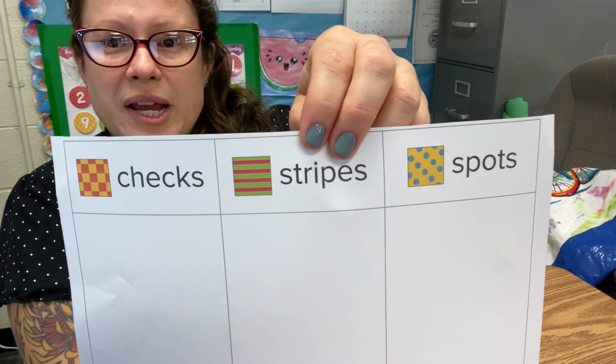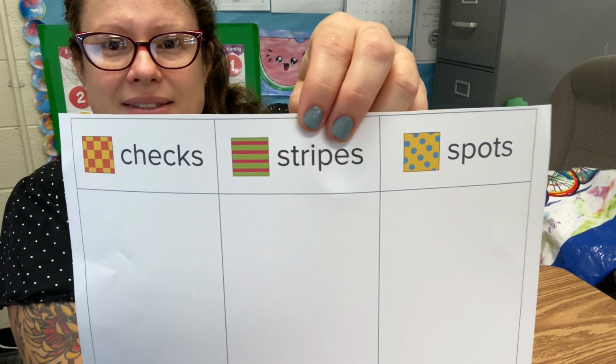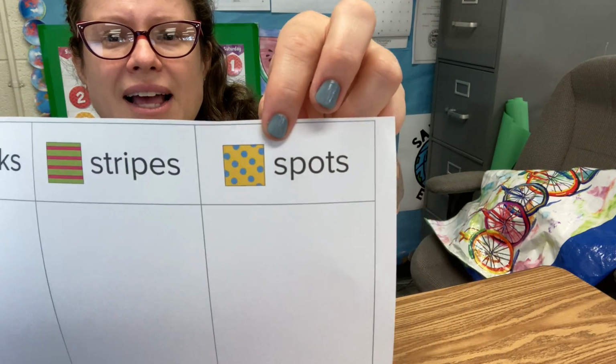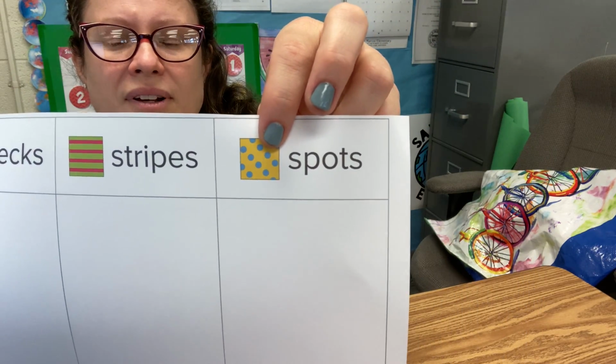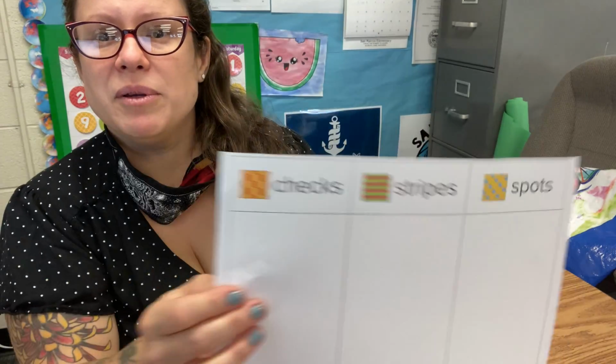Those are stripes. Okay, stripes are those lines. And then, what's our last one? Our last design is called spots. Maybe you call them polka dots. We'll just call it spots to keep it short.